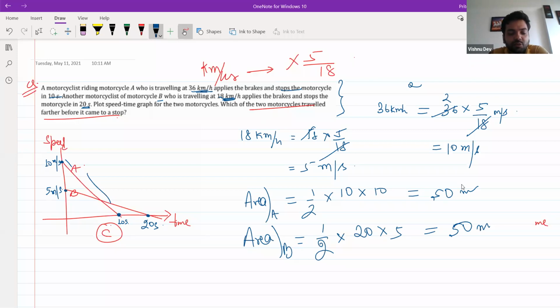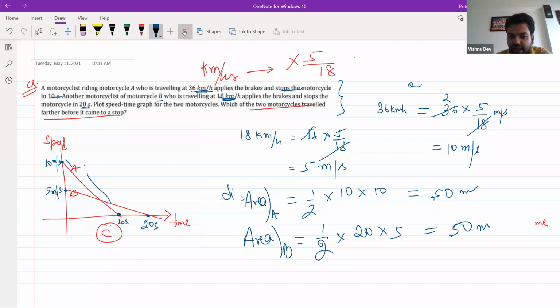So which of the two motorcycles traveled farther before it came to a stop? Check your calculations once again, guys.